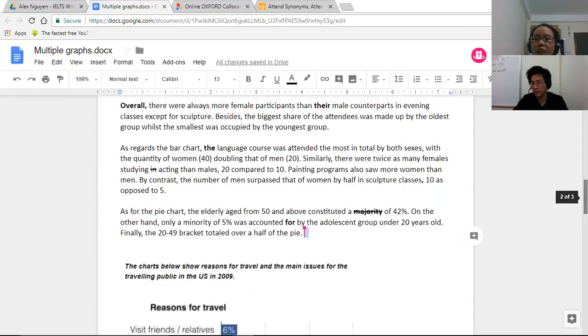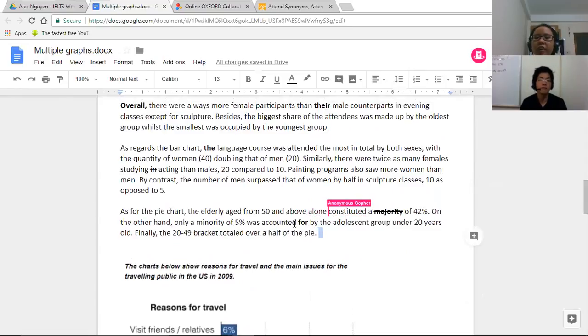We use the word alone. Not solely. And this is commonly used. If you know how to use the word alone here, it shows that you know how native speakers use their language. The elderly aged from 50 and above alone constituted.